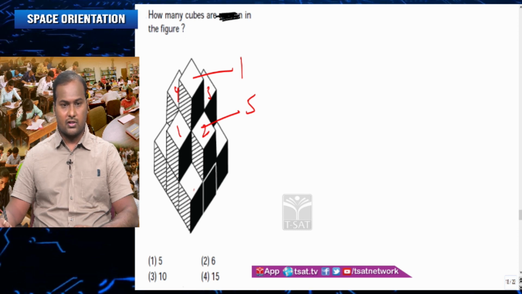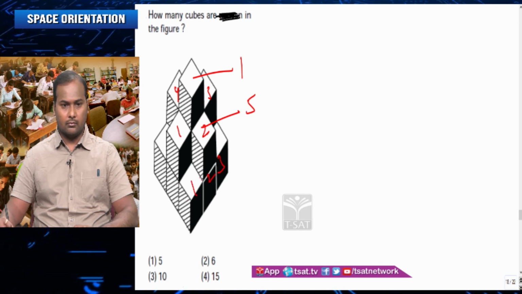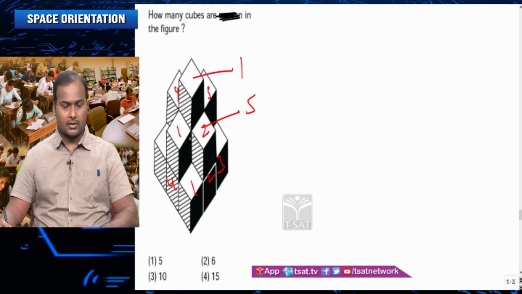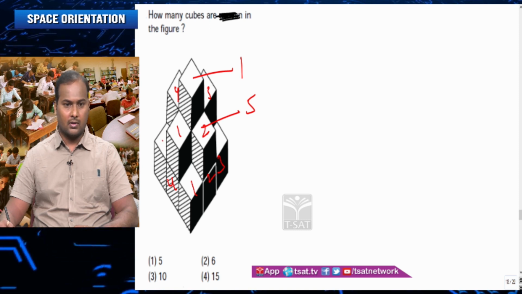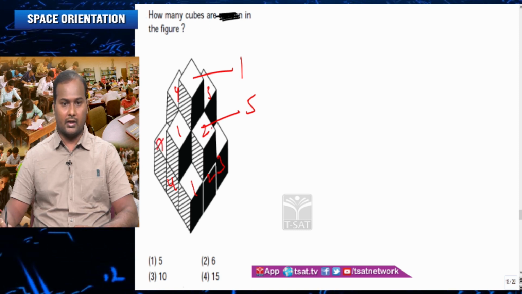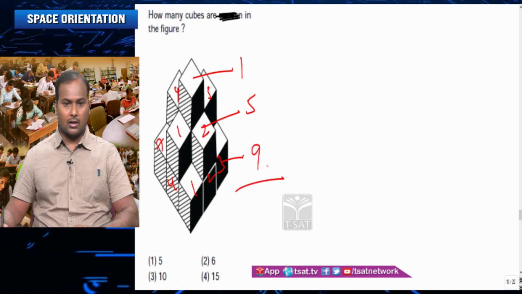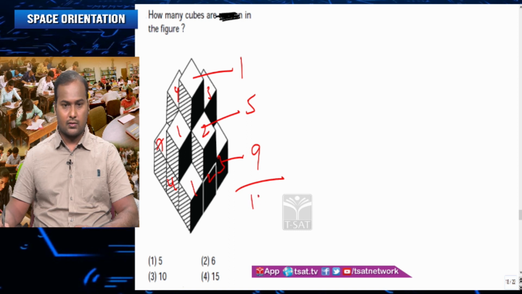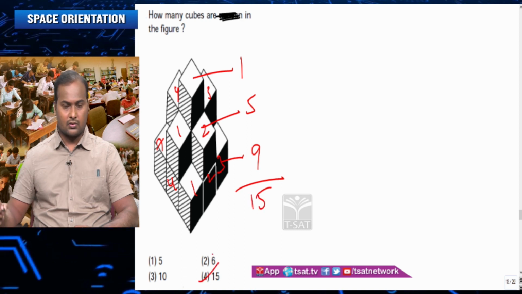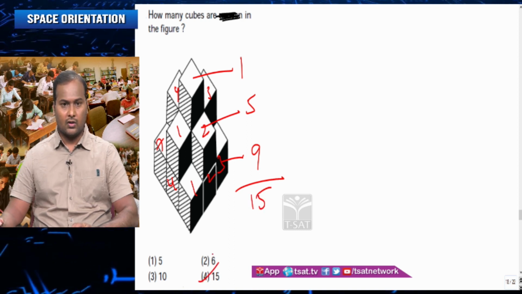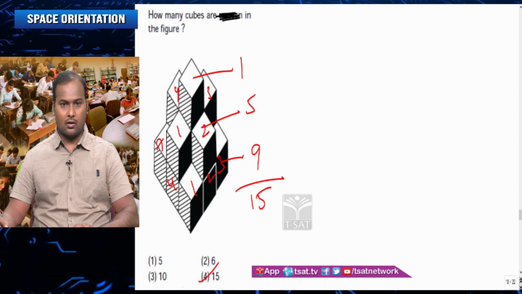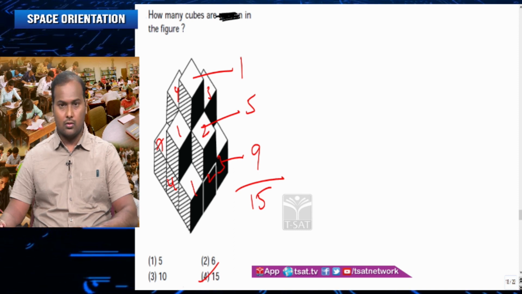At the bottom that is visible is 1, 2, 3, 4, 5 center, 6 on the other side, again 7, 8, 9. So total 9 at the bottom. If you add 9 plus 5 plus 1, 15 is the answer. So your answer is option 4. So in this case both visible and not visible you need to take into count.